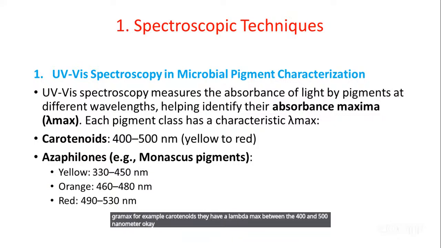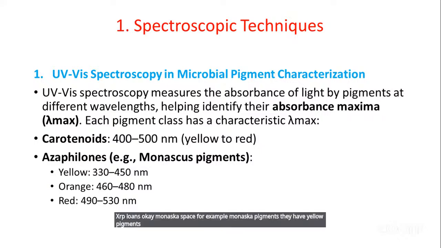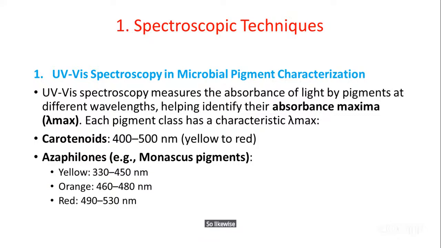Azaphilones, for example Monascus pigments, the yellow pigments, have a lambda max value between 330 to 450 nanometer. If the orange pigments are there, then the lambda max value will be between 460 to 480 nanometer. Likewise, we can determine the lambda max value of the given pigment.